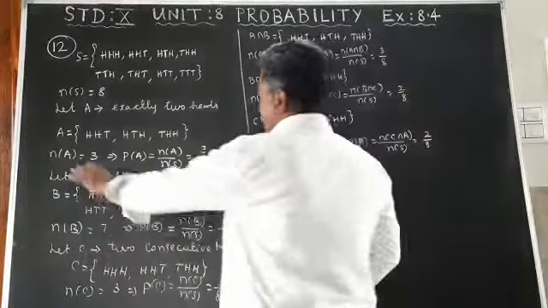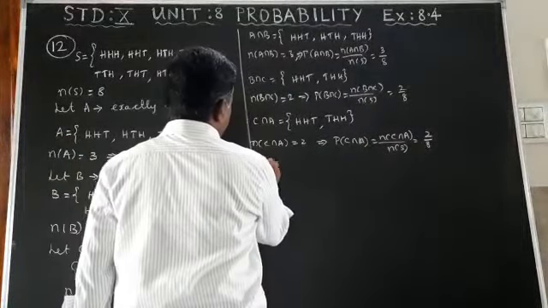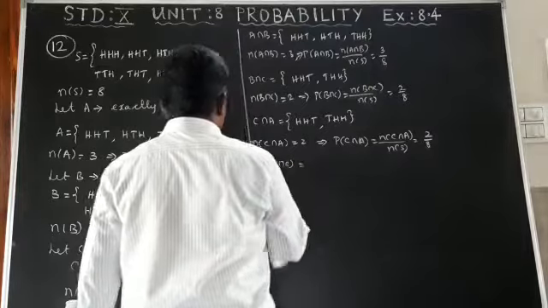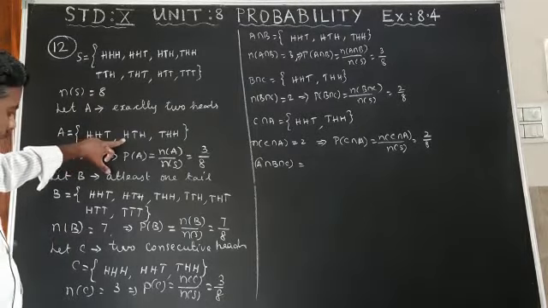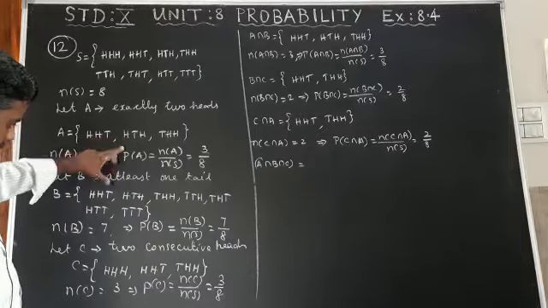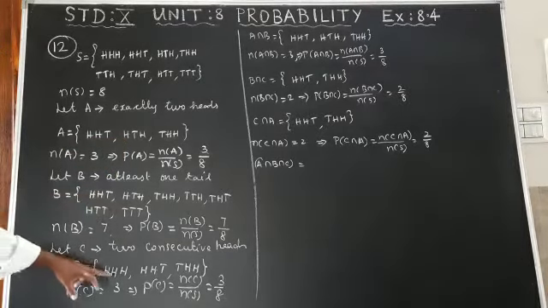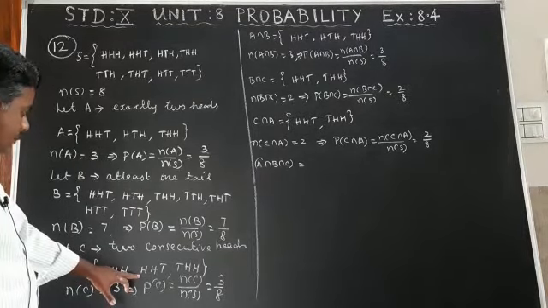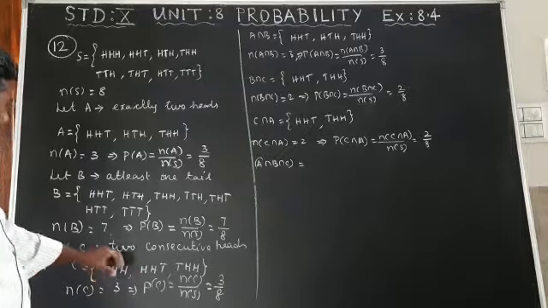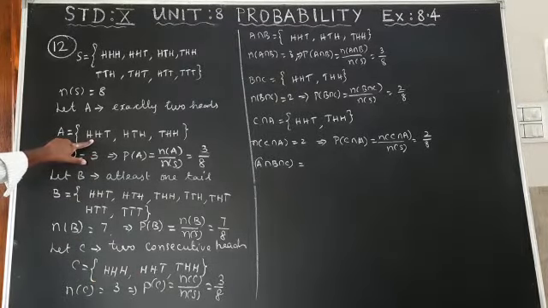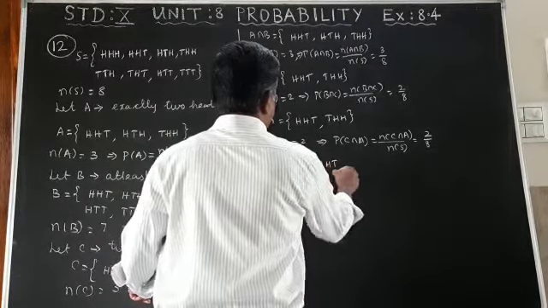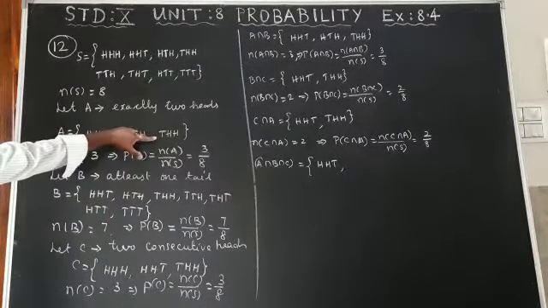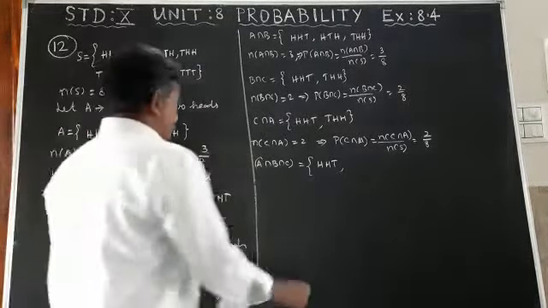Now the common elements for these three events, A intersection B intersection C. HHT is common, and THH is common.